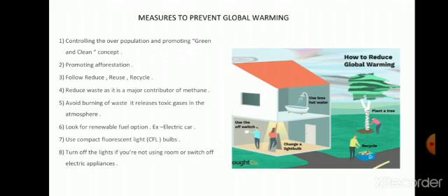Renewable resources are like solar energy, tidal energy, hydro energy, using water, etc. 7. Use compact fluorescent light CFL bulbs. 8. Turn off the light if you aren't using the room, or switch off electric appliances.